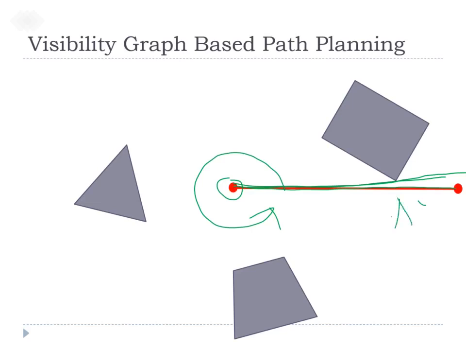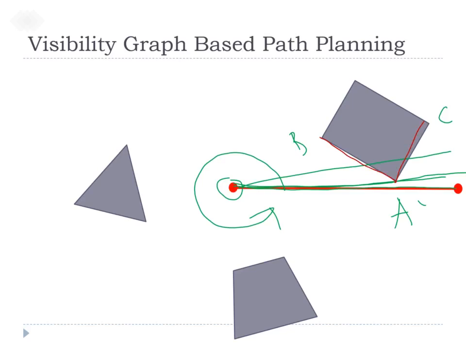Let me call it A. Now at this point, we can see that if we rotate further, then at any other position, the line segments or edges AB and AC will be intersecting with the line of sight. That means these are obstructing the line of sight because of the obstacle present here. So I can say that A is the starting point of the edges AB and AC, which are obstructing the line of sight.